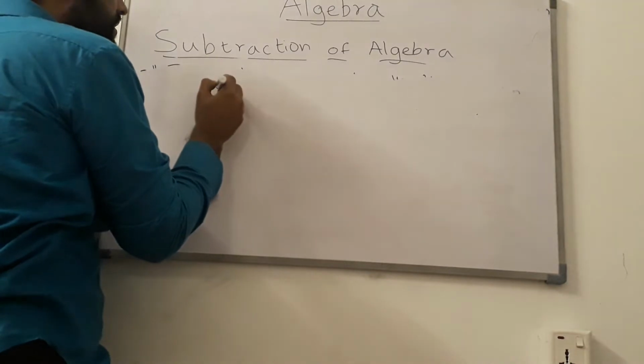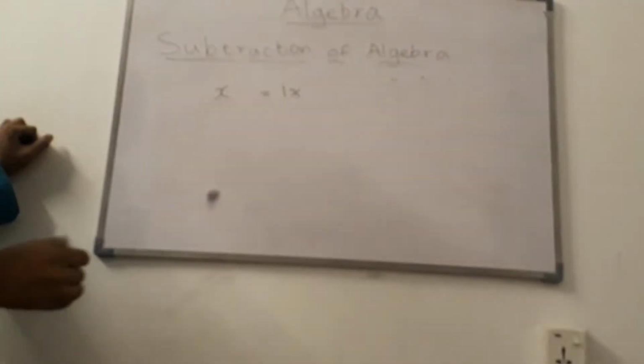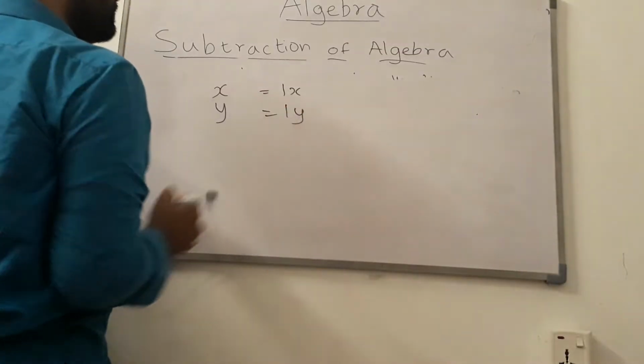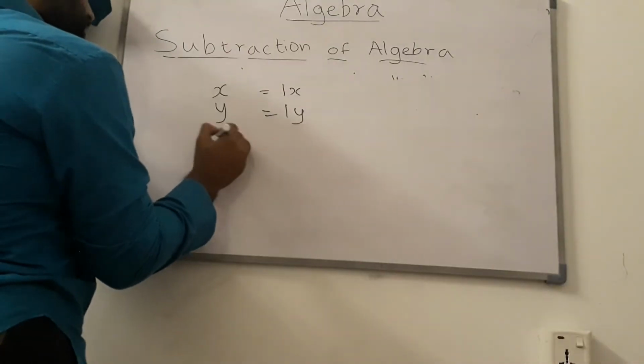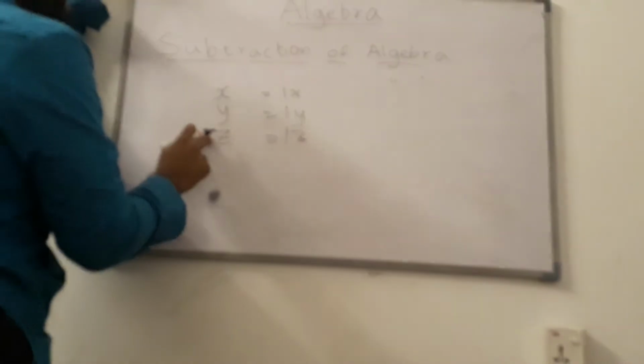Most of all you must know some trick. If it is x, and there is no number in front of x, we write it as 1x. If the term is y, and there is no number in front of y, that means 1y. If the symbol is z, that is 1z, because no number in front of z means it is 1z.